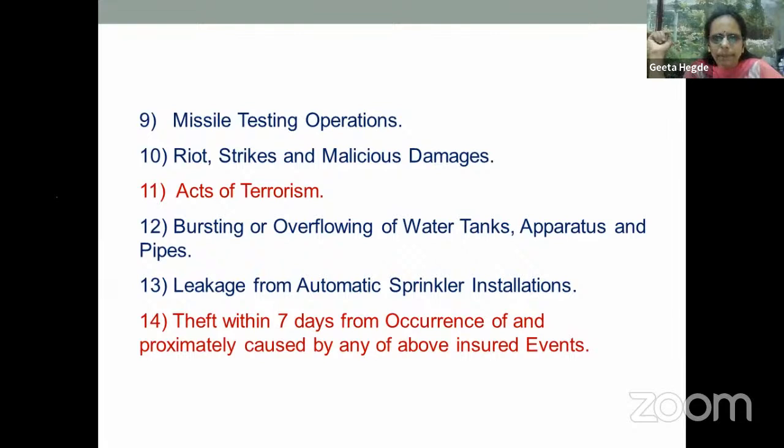What does it mean? Whether it is a building, plant and machinery or any contents, partial insurance should not be done. Mainly for building and plant and machinery, it means full insurance has to be done, in one policy, and selection should not be done. That is point number 1. Second, it should all be covered under one policy, because by covering under different policies there should not be paying premium in installments or taking any advantage.